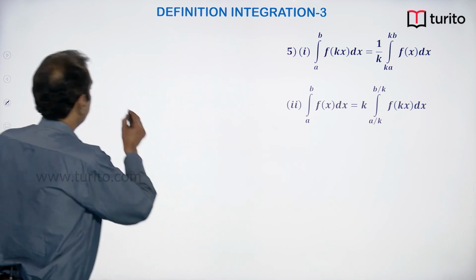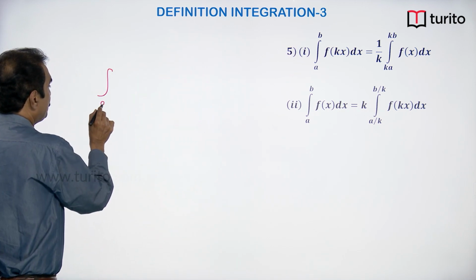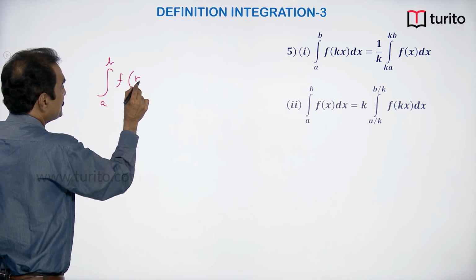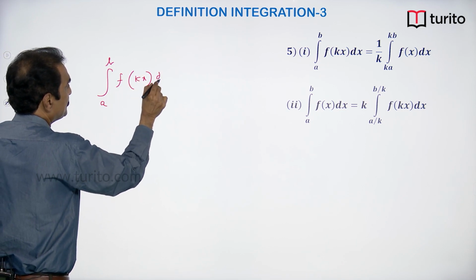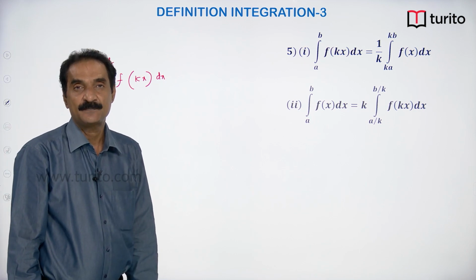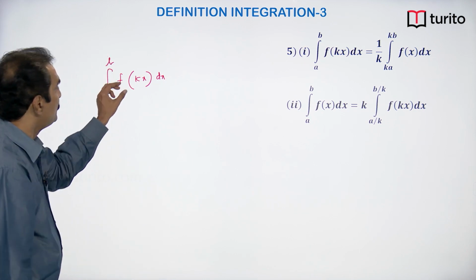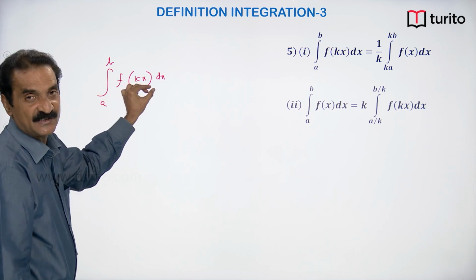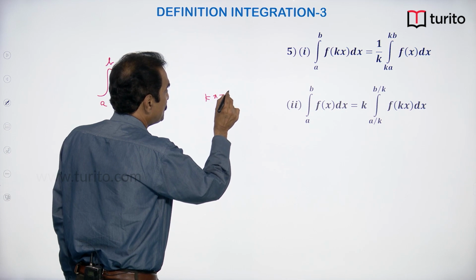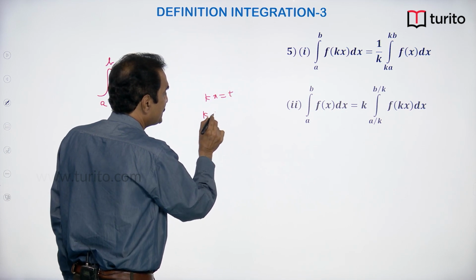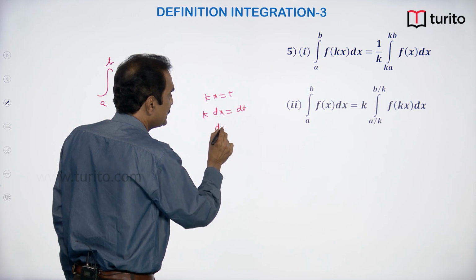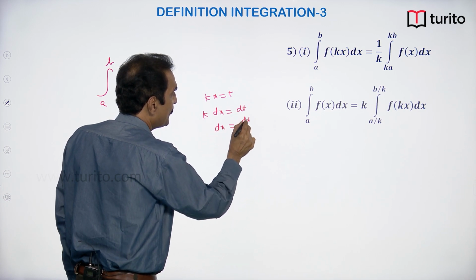When there is an integral a to b where the function is in terms of kx, f of kx, then what will you do? You will put kx is equal to t. Putting kx is equal to t, you will get k dx is equal to dt, so dx is equal to dt by k.